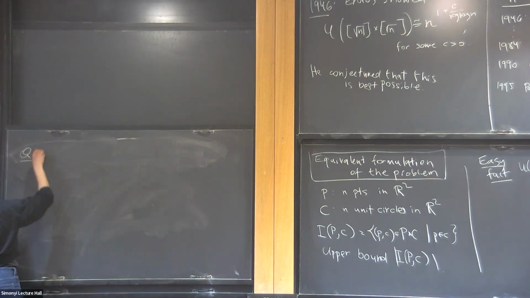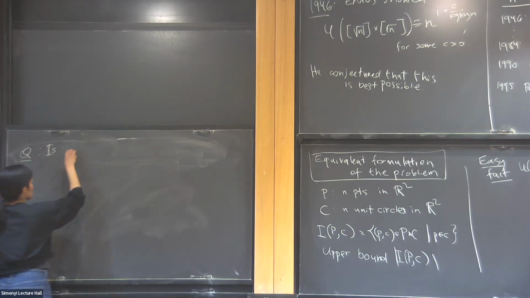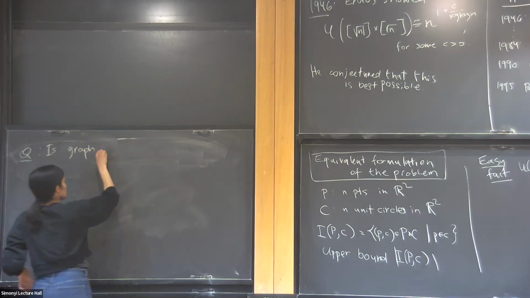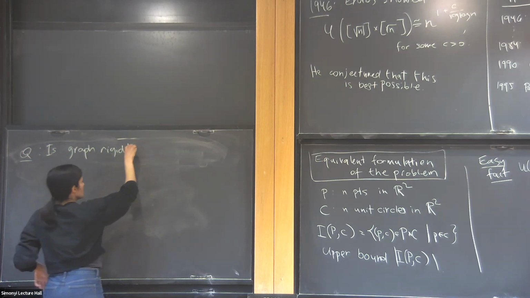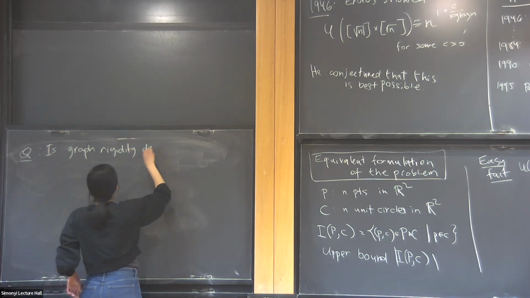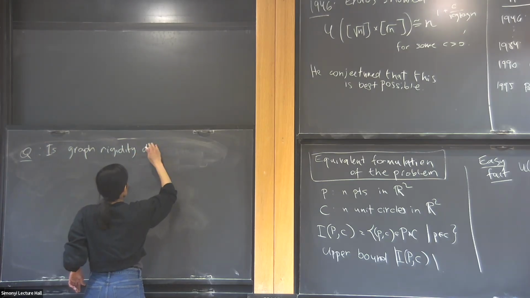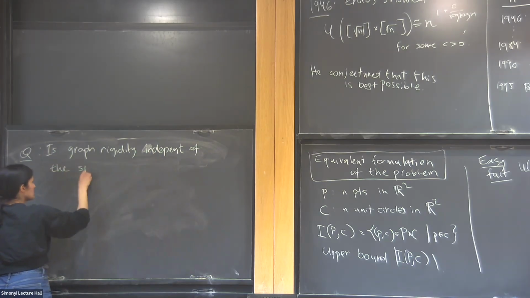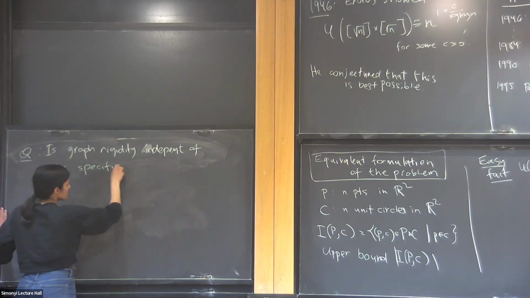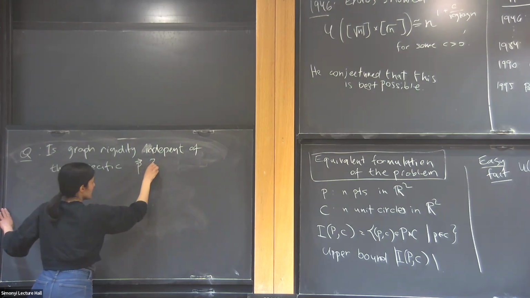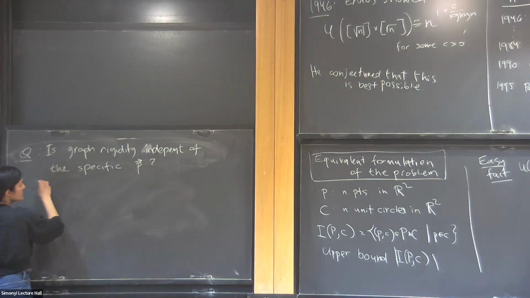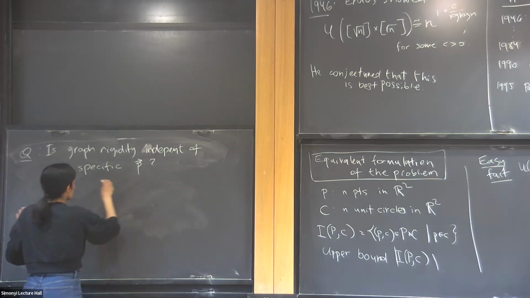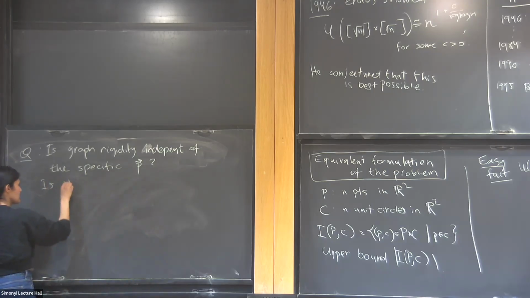Question: is graph rigidity independent of the specific embedding P prime, or is it a property of G?